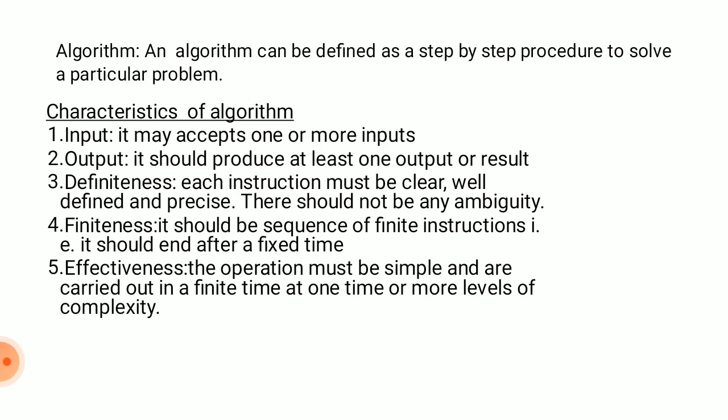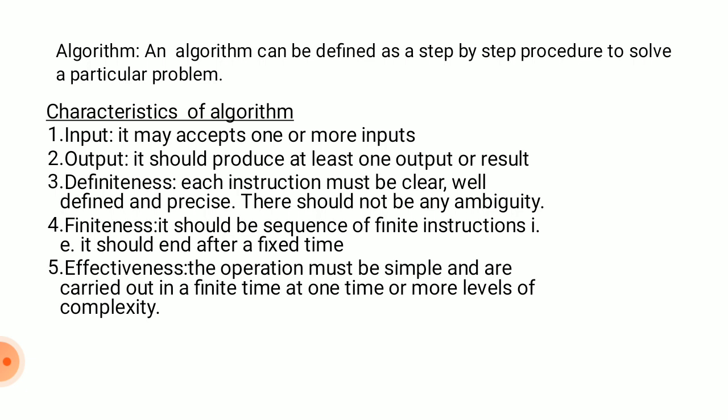According to your instruction, the computer processes, right? Whatever instruction we give through an input device, that is input, and what it processes and gives back to the user, that is output. So an algorithm may accept one or more inputs and it must produce at least one output or a result.